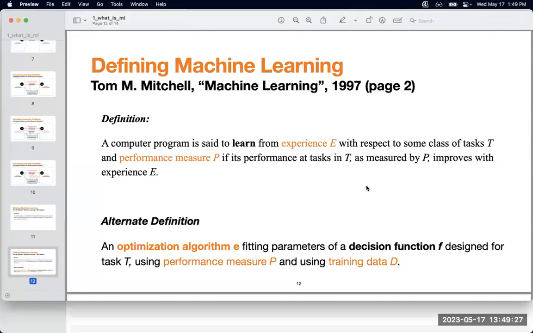And we are calling that optimization algorithm E, fitting parameters on a decision function F designed for that same task T, by using the same performance measure or metric P, and by using the training data that comes from the experience. So here we are being a little bit more explicit on where the experience is coming from. It's really just coming from the data that is already available, the training data that you have access to.